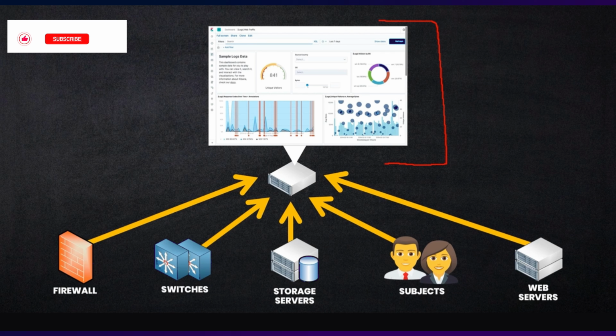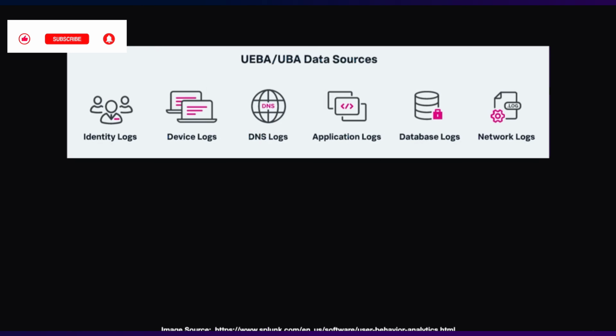Another really good tool that performs behavior analytics is Splunk. Now Splunk will do identity logs, device logs, DNS logs, application logs, database logs, network logs, you know, break room logs, lots of logs. It doesn't really matter. It will capture all of the data that you send to it, and Splunk can also help detect unknown threats and anomalous behavior using machine learning. Now anomaly basically just means abnormal behavior, right?